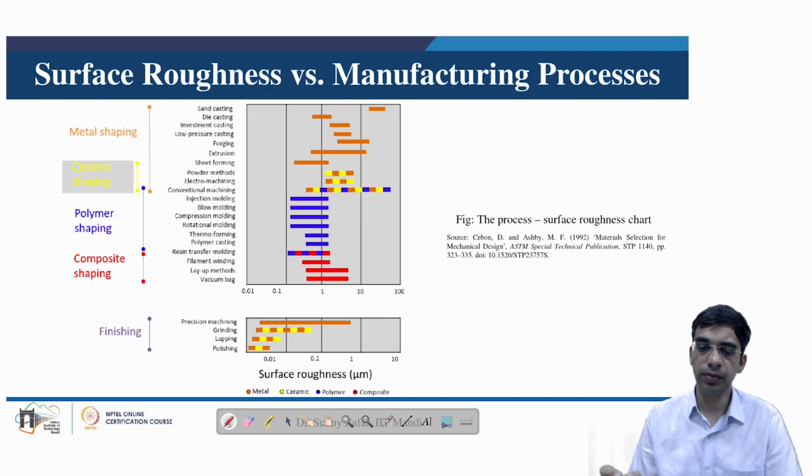A part having high surface roughness means the surface finish is low, and vice versa. Sand casting is a very popular casting process. Here section thickness is high, mass of the product that it can manage is high, tolerances are high, and of course the surface roughness is also high.